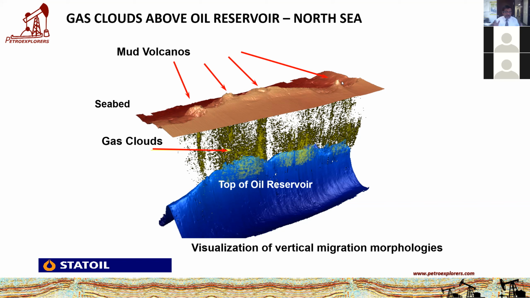So the relationship is there, while that is the spill point leakage. You can actually tell, based on the migration and the morphology, how the reservoir could be de-risked, based on how the cloud happens.